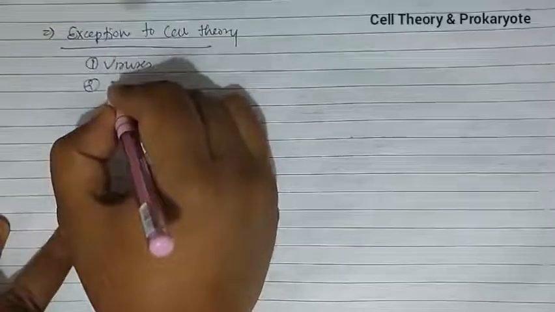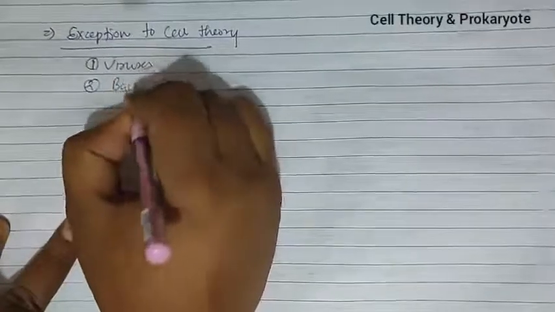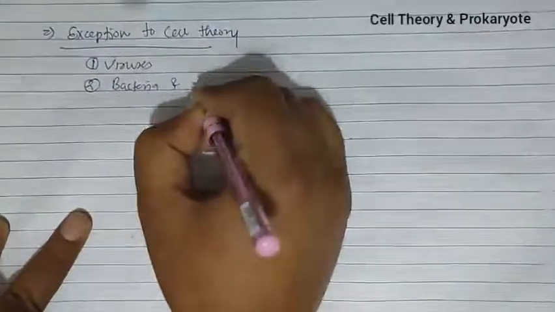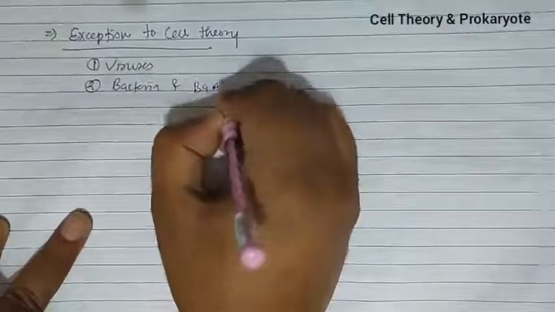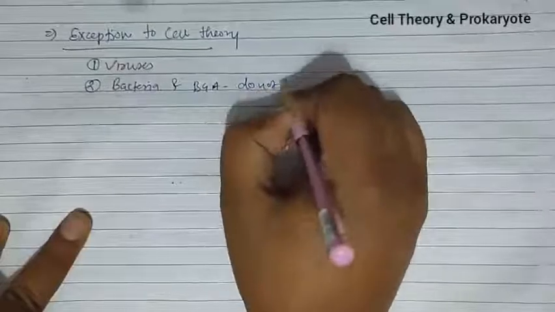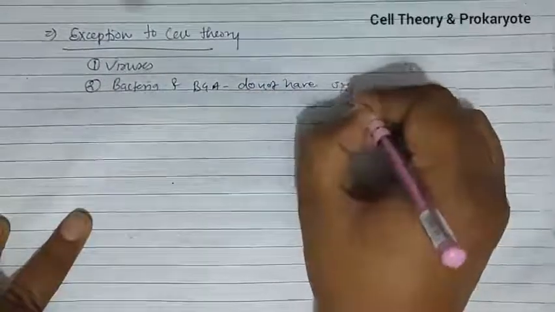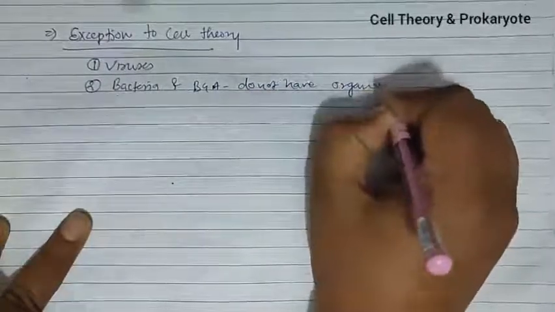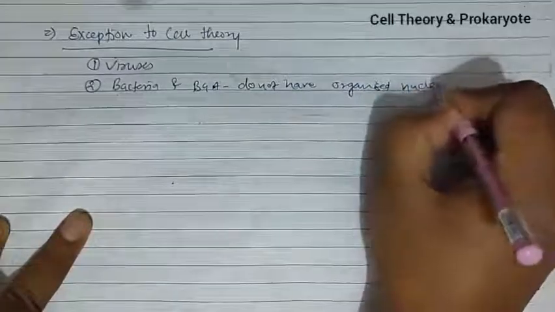Second, bacteria and blue-green algae do not have an organized nucleus.